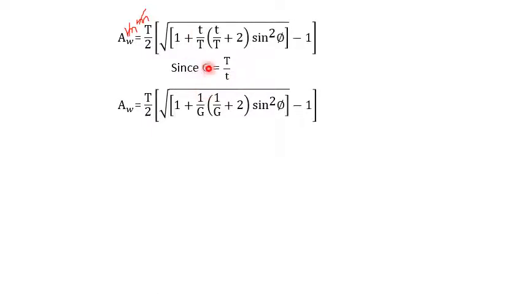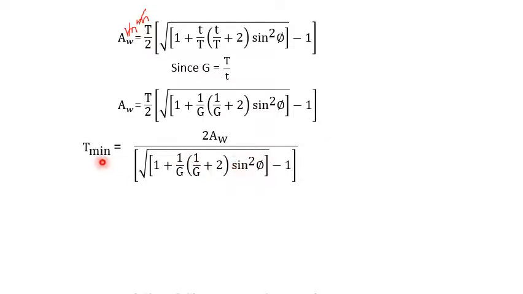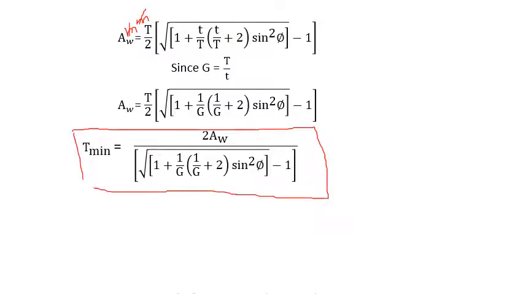So in the above equation, in place of small t by capital T we can write 1 by capital G, and here also 1 by G. Therefore the minimum number of teeth on the wheel to avoid the interference is equal to 2 times the addendum of the wheel divided by (1 plus 1 divided by gear ratio) into (1 divided by gear ratio plus 2 into sine square phi) minus 1. So this is the equation for the minimum number of teeth on the gear to avoid the interference.